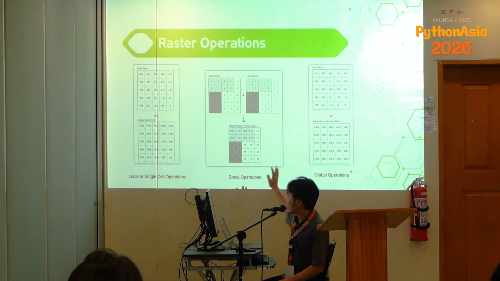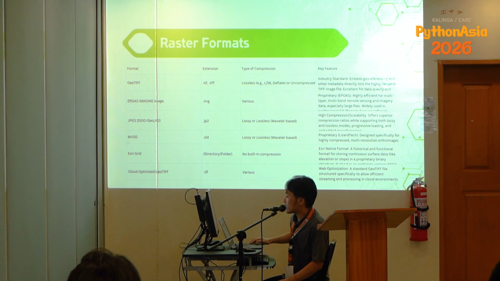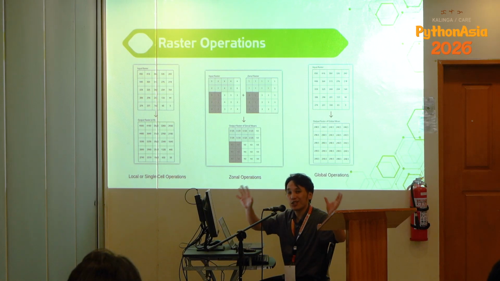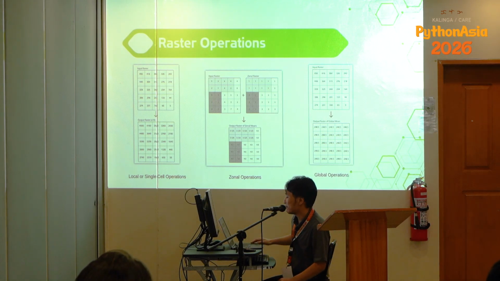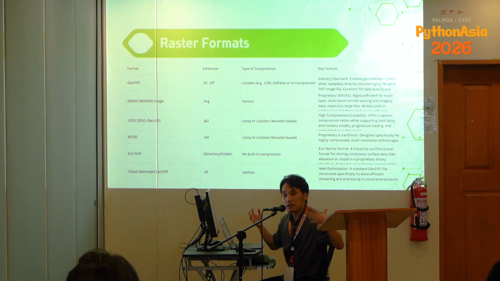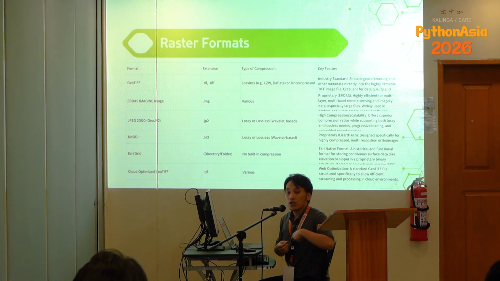Then you have, of course, raster operations. I'm not going to go into this, but I just want to highlight that you can do matrix multiplication and all your raster operations on that. Then you have the raster formats. Again, these depend on the data that you're going to get. Raster can come from satellite imagery.